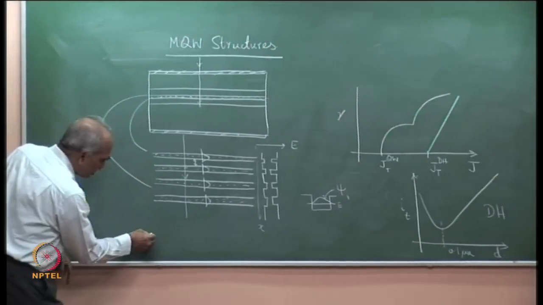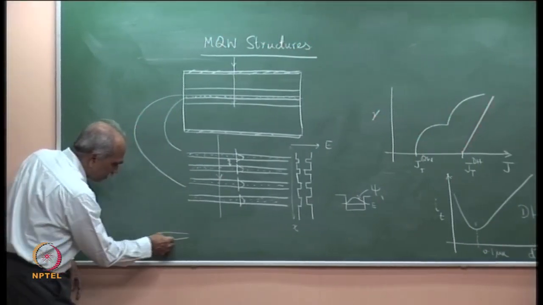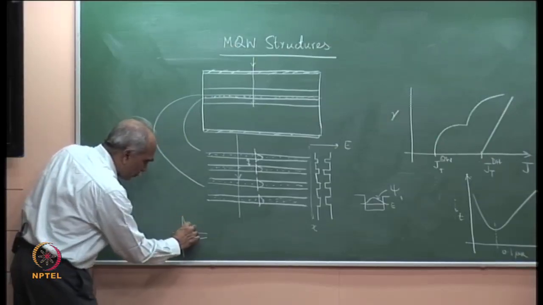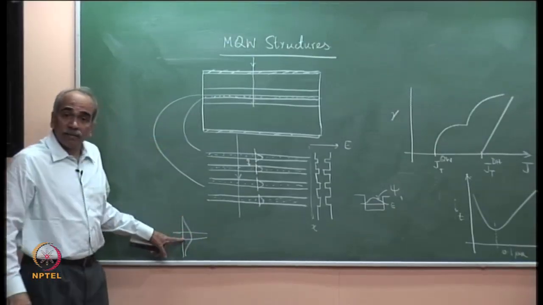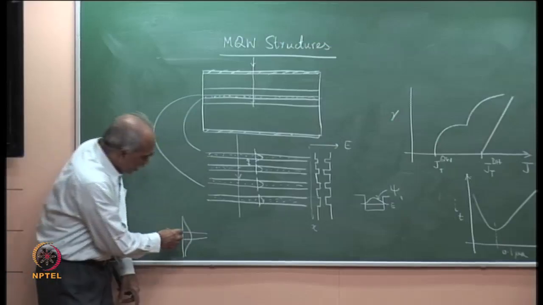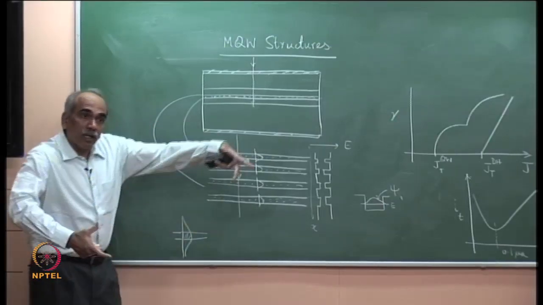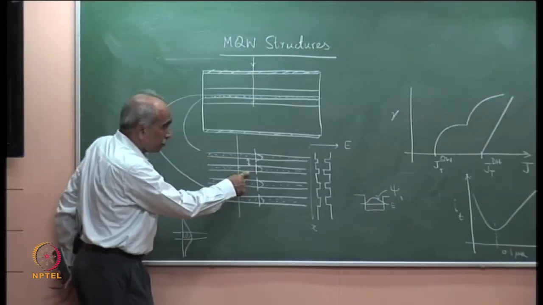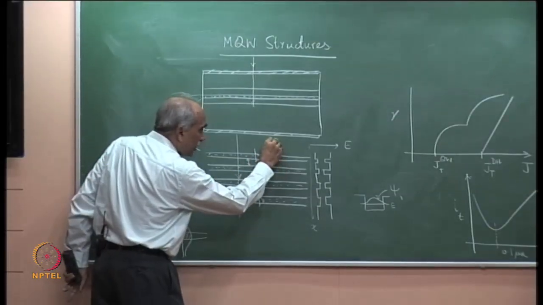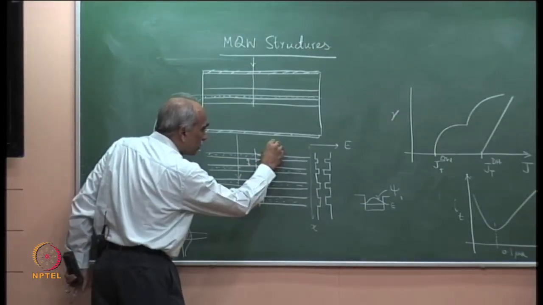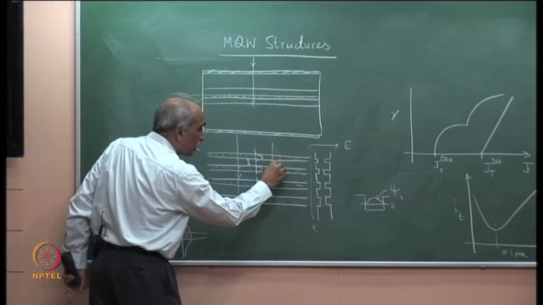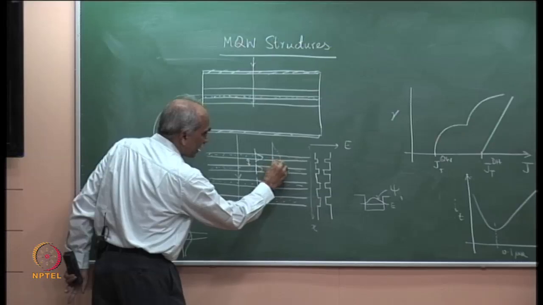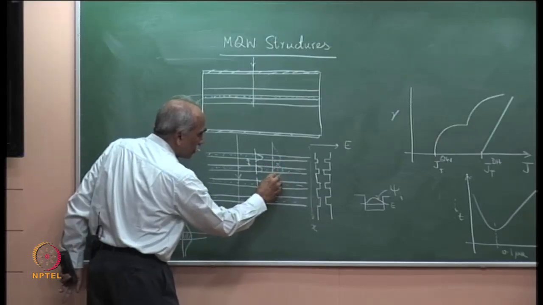If I had drawn just one well here, the optical mode I had shown you is this, and I said that it is 0.4, confinement factor is very poor, because the optical mode is wide. If I draw on the same diagram, please appreciate this, the optical mode here would look like this. This is optical mode of the first one. Optical mode of the second one would look like this.